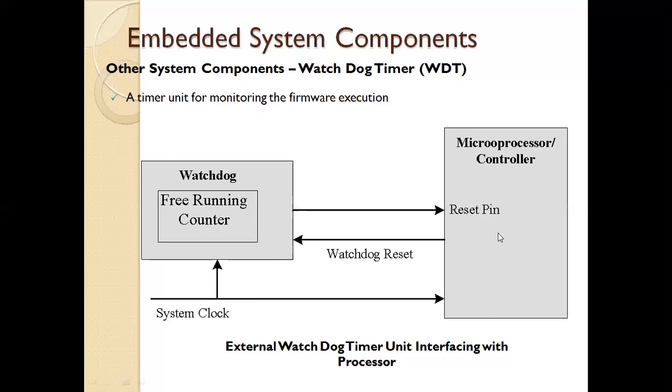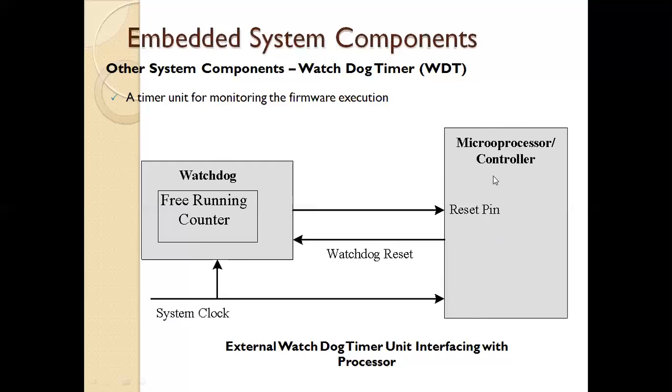If something happens in the processor, in the firmware, it will identify it, and it will count, either incrementing or decrementing according to each clock pulse, and generate a reset signal. It takes the system clock here, and the same system clock is used by the processor or the controller.